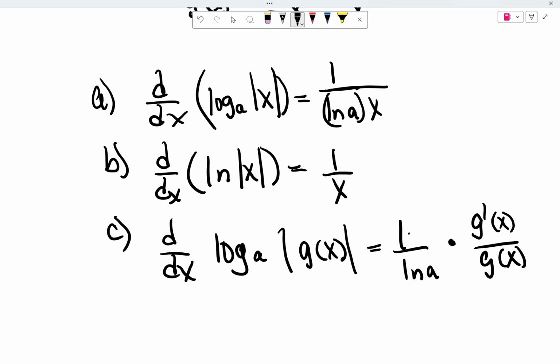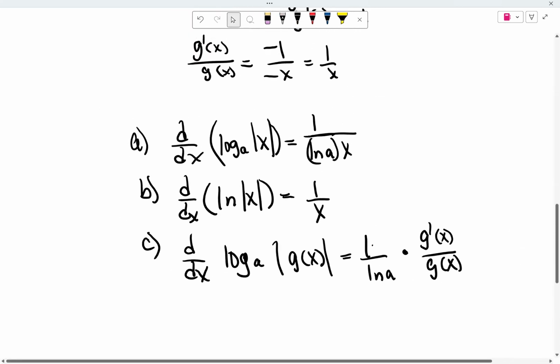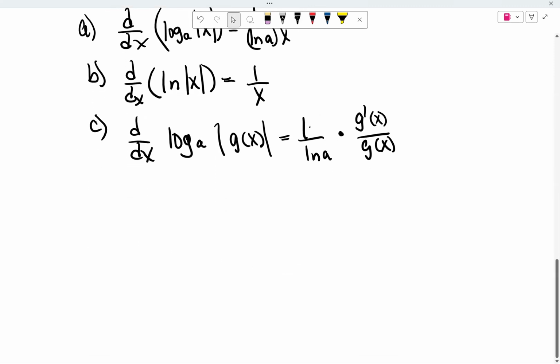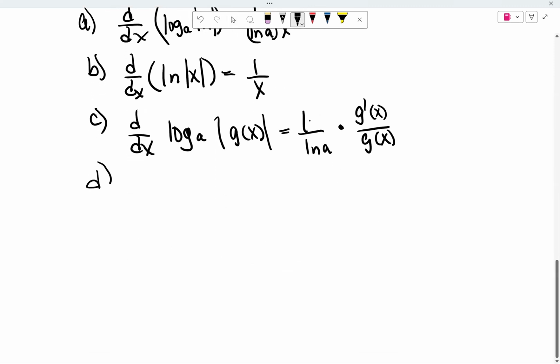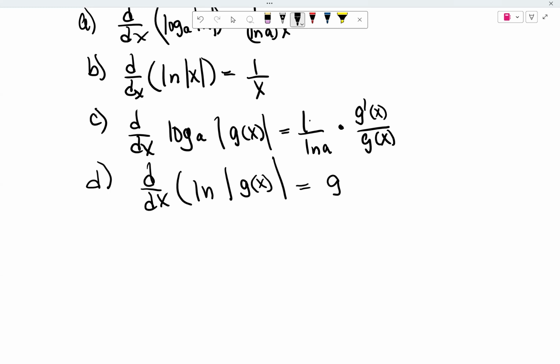And I think I showed you a prior example of that already. And in part D, if I'm looking at the derivative of the natural log of g of x, then this is equivalent to my first derivative of g of x over g of x itself.